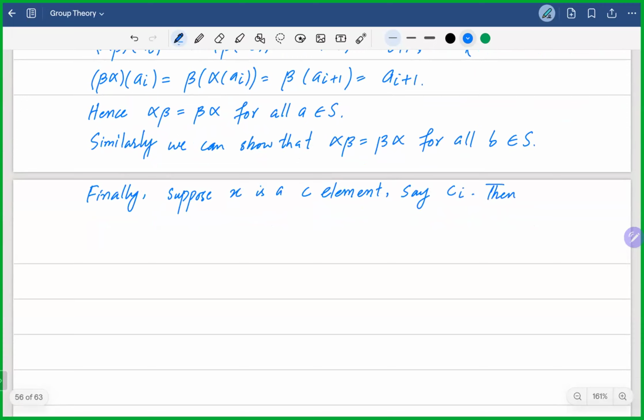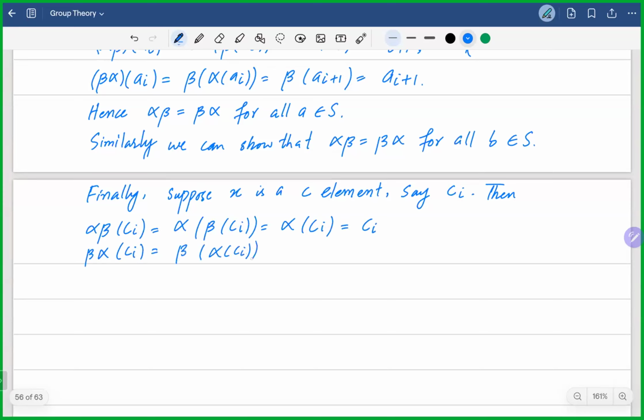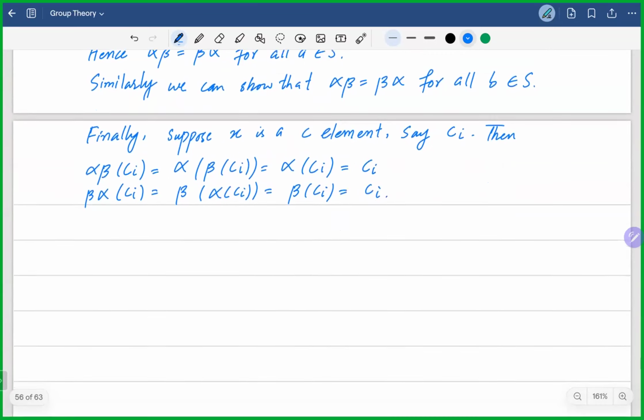Then since both alpha and beta fix C elements, we have alpha beta of Ci is nothing but alpha of beta of Ci, which is alpha of Ci, which is Ci, and then beta alpha of Ci is beta of alpha of Ci, which is beta of Ci, which is Ci. And we are done.